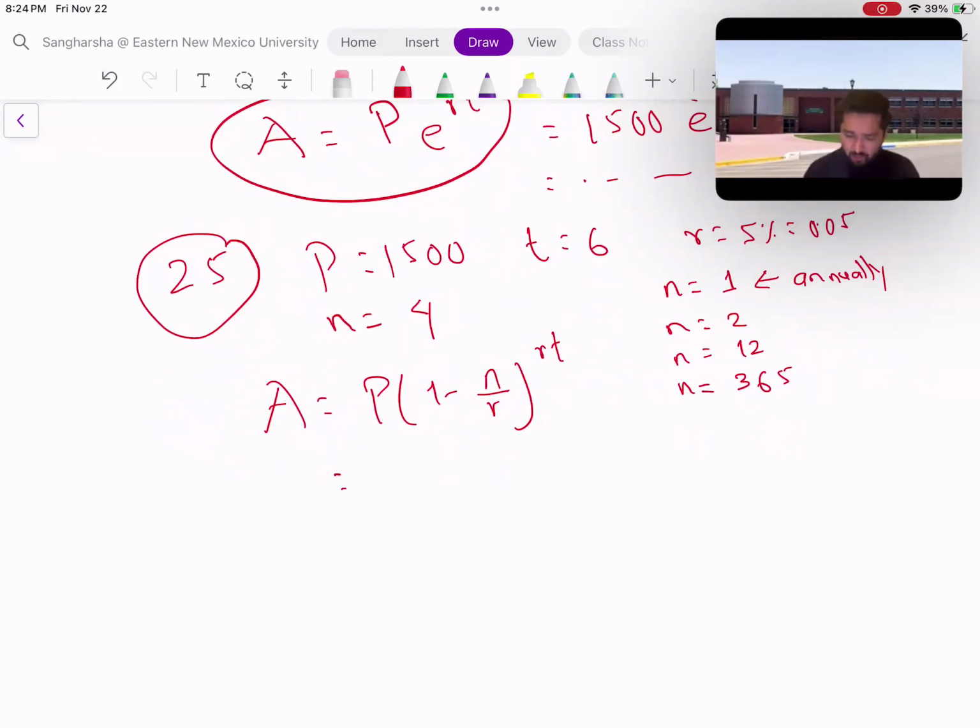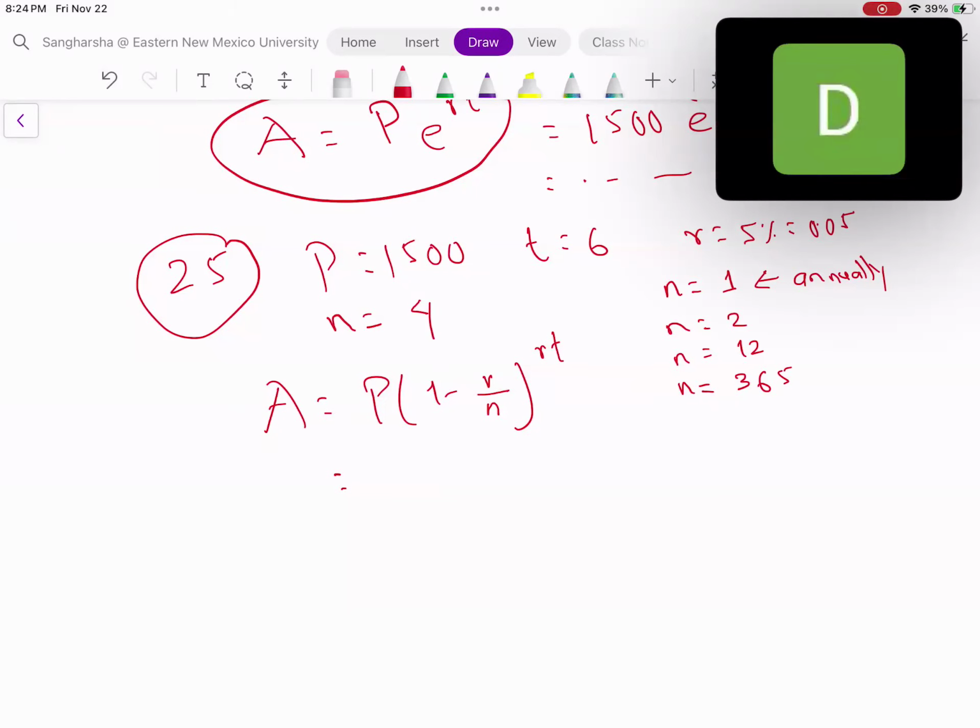The formula will be provided to you. Or is it r divided by n? I think it should be r divided by n, right? Does anyone recall here? I'm thinking it should be r divided by n to the power, is it rt or nt?